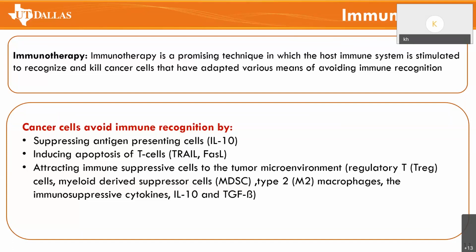But based on this, we can see our own immune system is not successful in fighting against cancer. But immunotherapy has emerged to recognize and kill cancer cells that have adopted these immune recognition avoiding mechanisms. But how does it work?